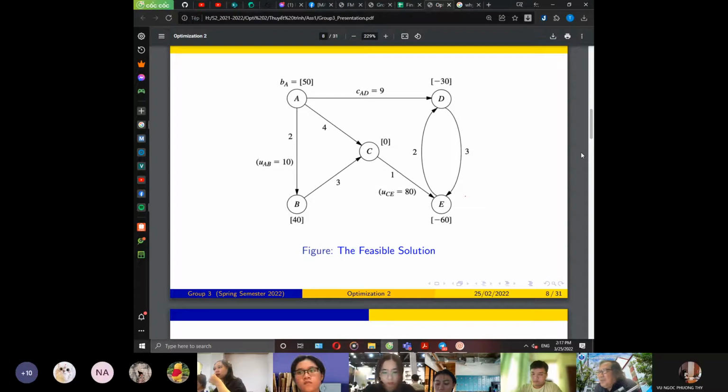Lower bound means something. I think lower bound is usually equal to 0, and lower bound is at least that much: one node, like arc IJ, from I, it has to move or transfer at least that much to node J. I think so.